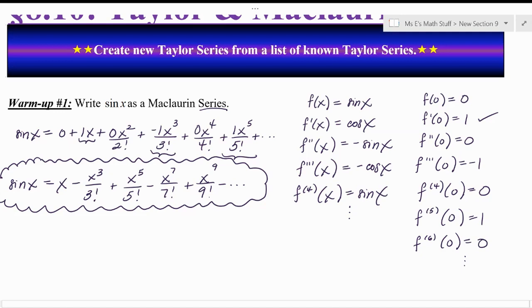So fun fact also, I don't know if you remember back in pre-cal, you were probably asked at least once whether sine is an even or an odd function. And sine was an odd function simply because its graph showed rotational symmetry about the origin.